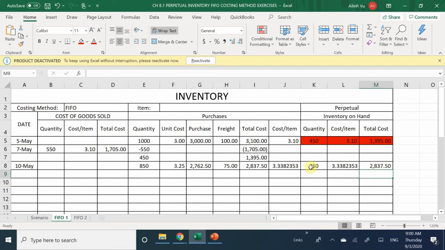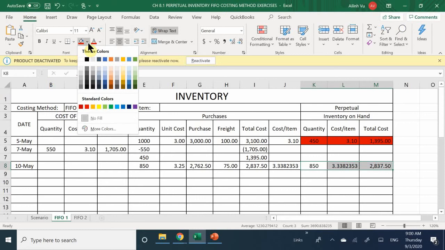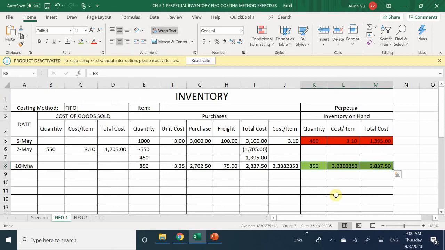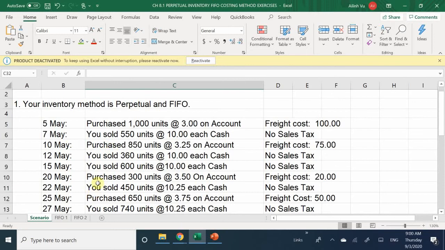Now that we have our second batch, what color am I going to choose this time, just to indicate that this is the second batch? Green. Okay, so here, now we know that this is our second batch. So now we're going to continue our problem and go ahead and fill it in.